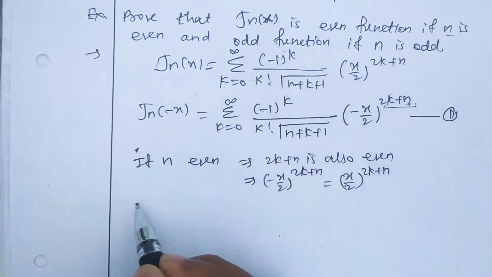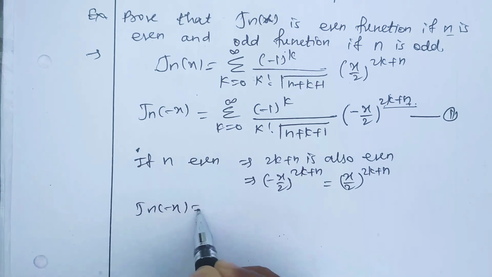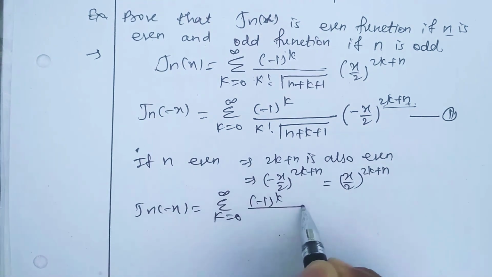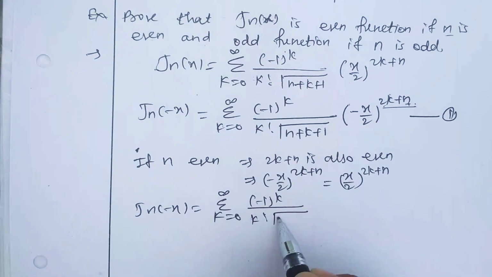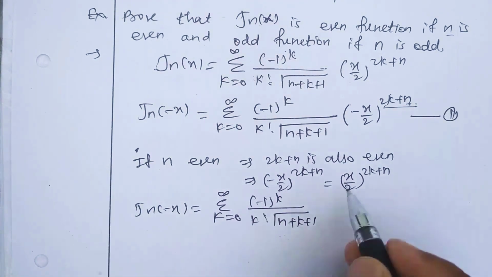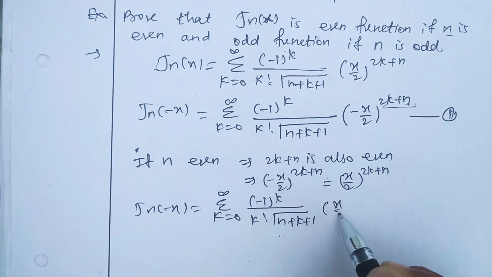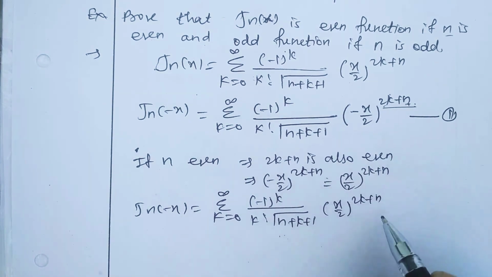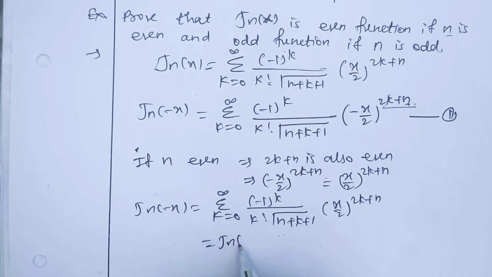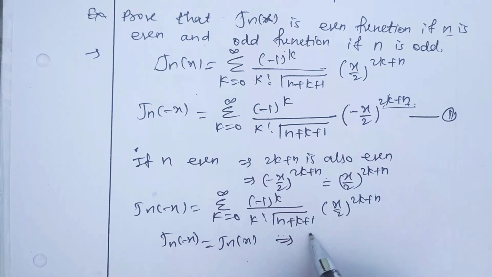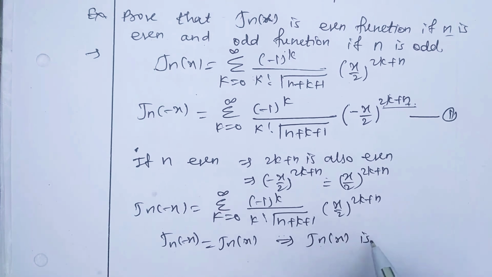So equation 1 becomes Jn of minus x is equal to the summation k varies from 0 to infinity, minus 1 raised to k upon k factorial gamma of n plus k plus 1, and here minus x by 2 raised to 2k plus n becomes x by 2 raised to 2k plus n. So that is nothing but Jn of x. That means Jn of minus x is equal to Jn of x.